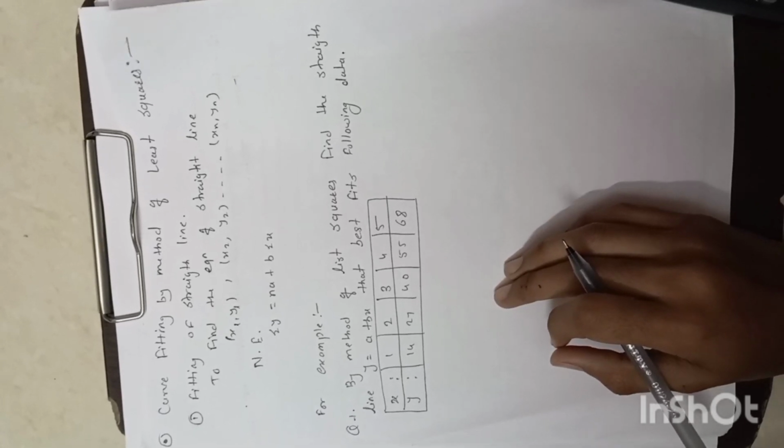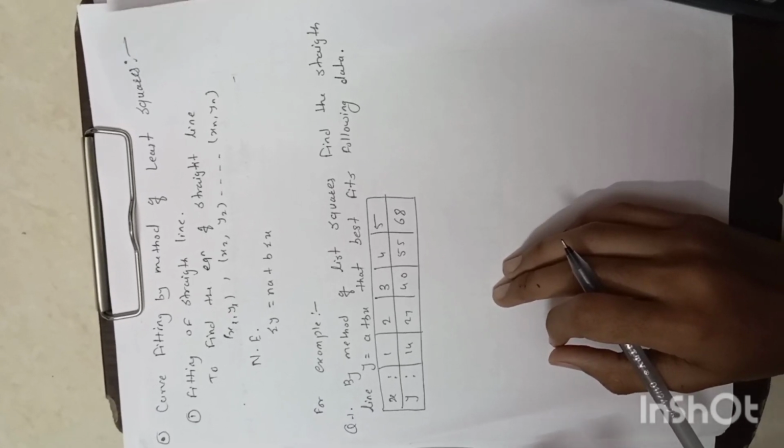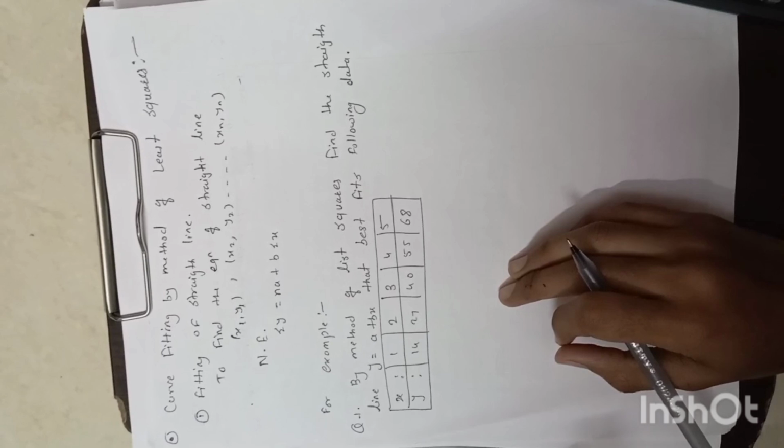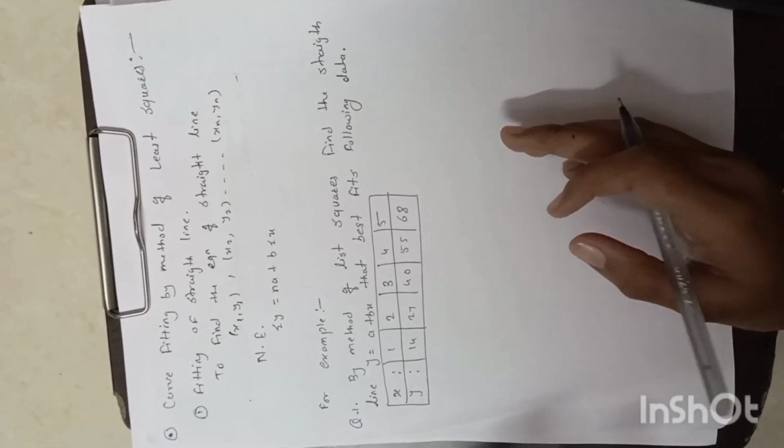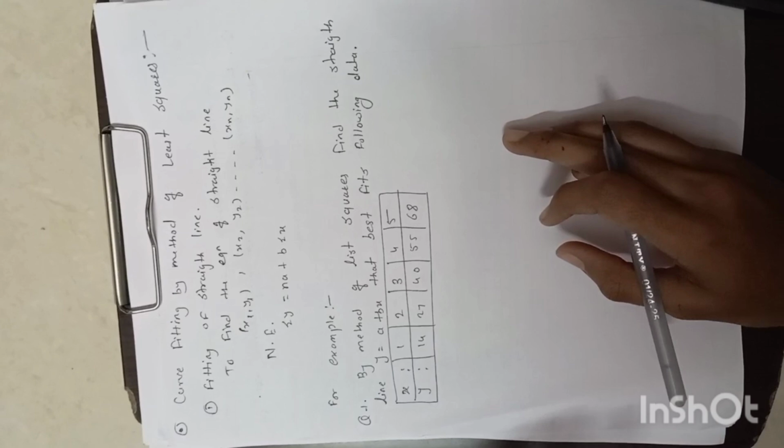Fitting of a straight line means finding the equation of a straight line satisfying a set of points x1 y1, x2 y2, up to xn yn. We will solve these examples using the normal equations.